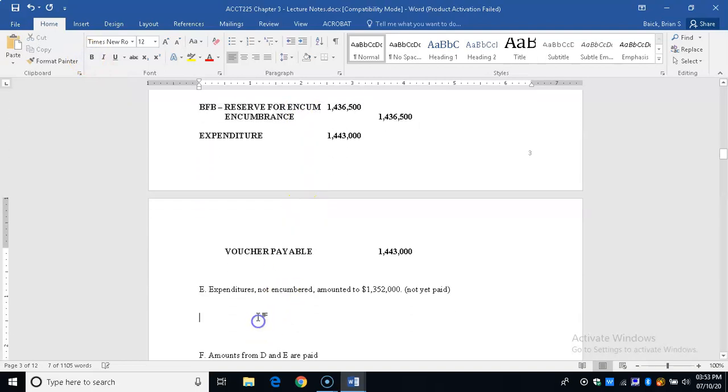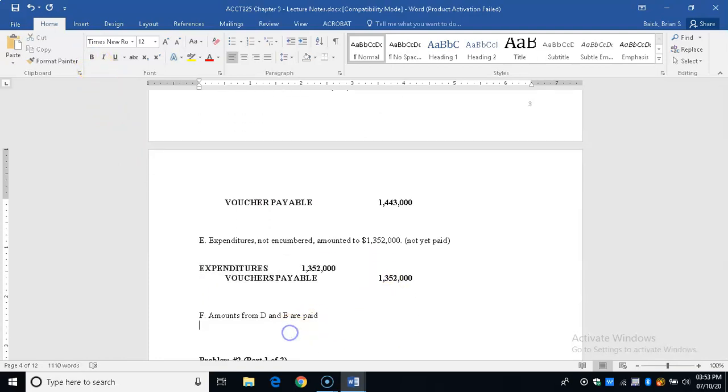Then you would just debit expenditures. And you would credit, it says not paid yet, so vouchers. Or you could say accounts payable.